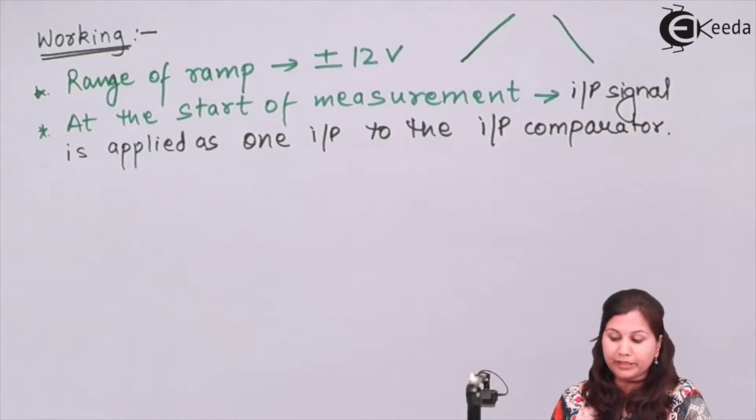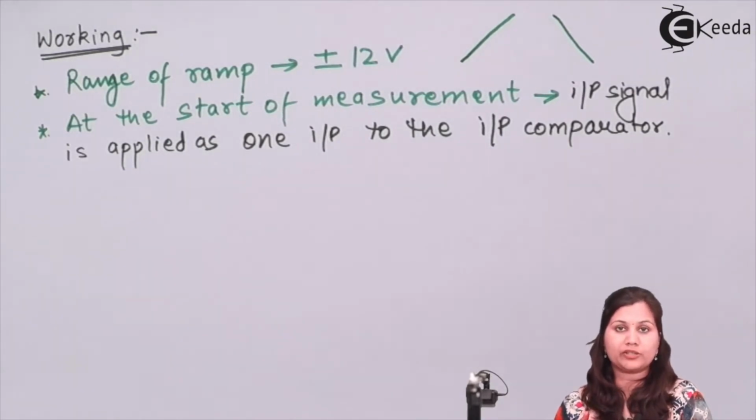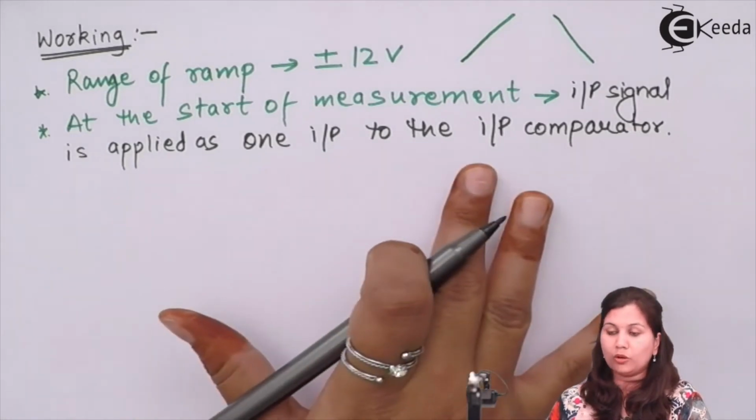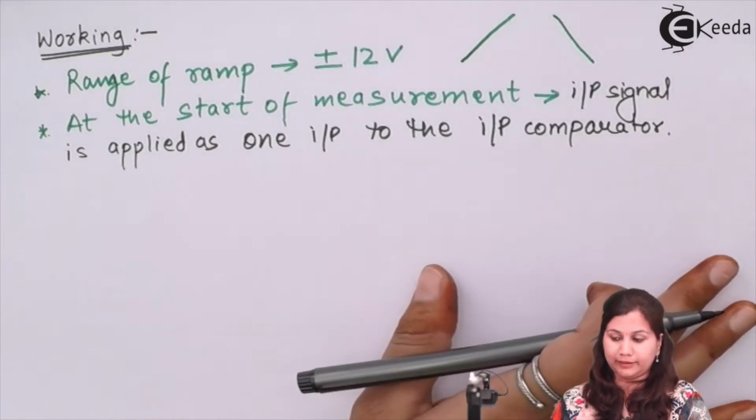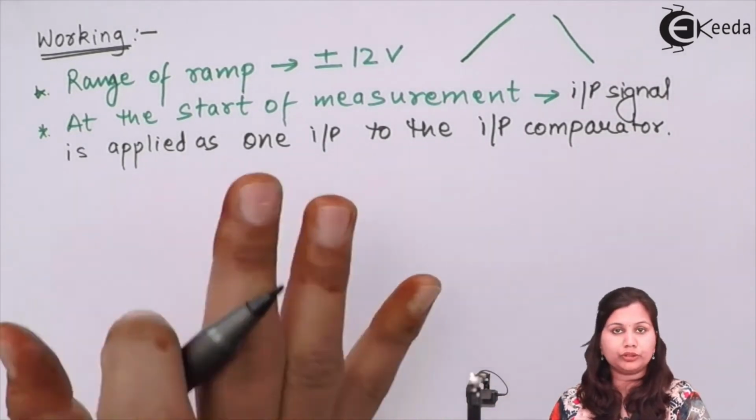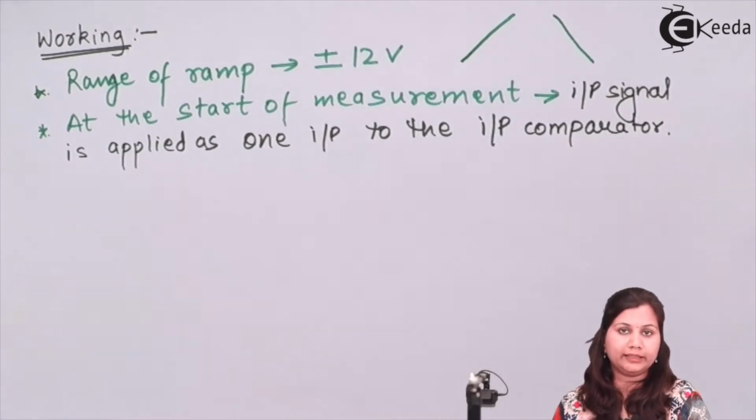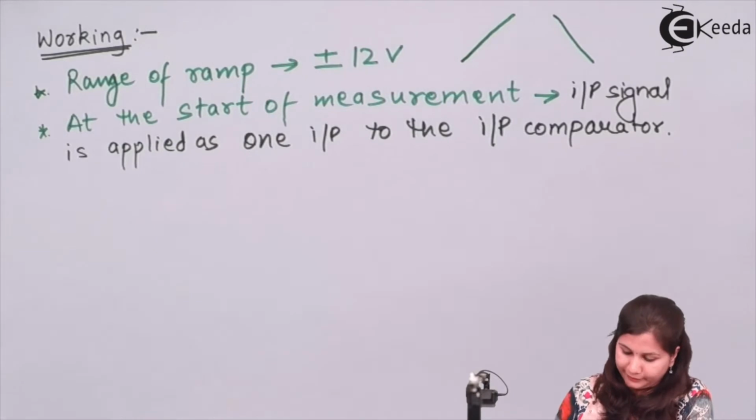Now the measurement will start. At the start of the measurement, the input voltage is applied to one input of the input comparator. The other input to the input comparator is the linear ramp signal, which is generated by the ramp generator.